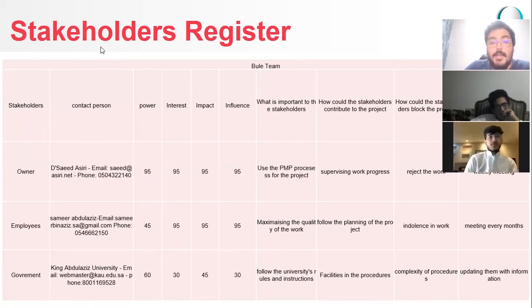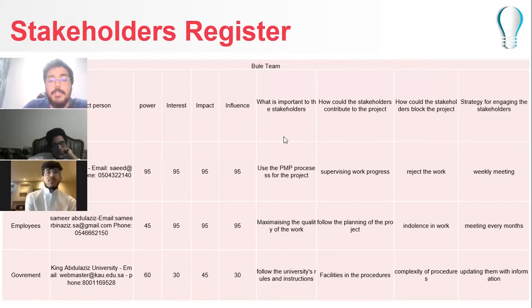Then we have four questions about the stakeholders. What is important to the stakeholders for this project? Like the owner, I use the PMP process for this project, and for example, the employees maximize the quality of the work. The second question is, how could the stakeholders contribute to the project? For example, the owner supervises the work progress.